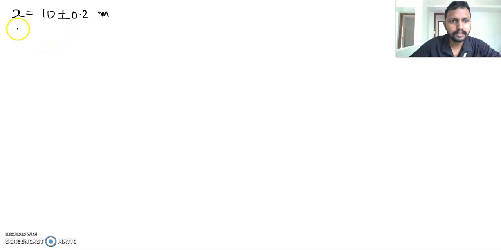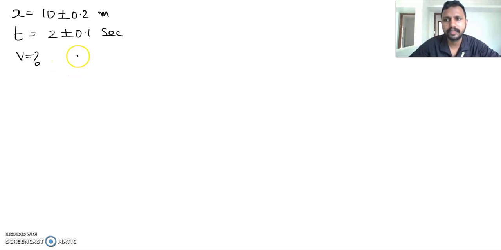Then time is given as 2 plus or minus 0.1 second. They are asking you for the velocity.